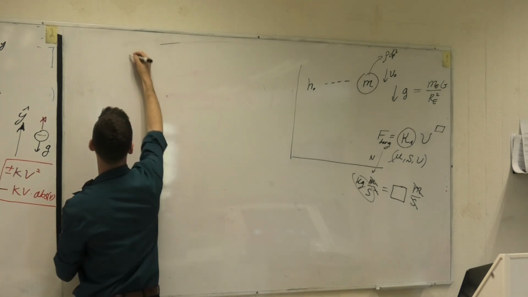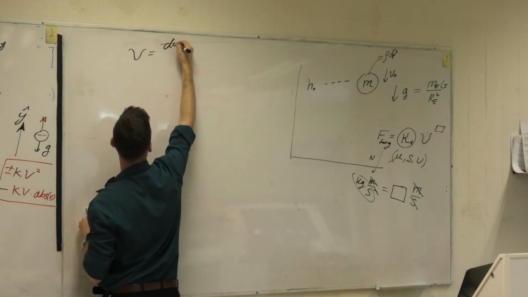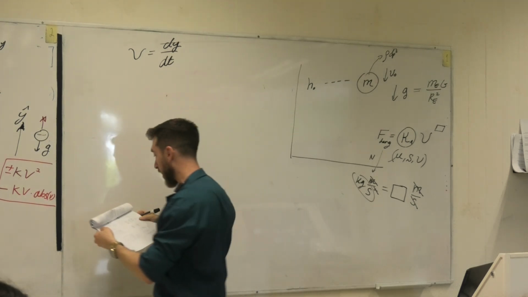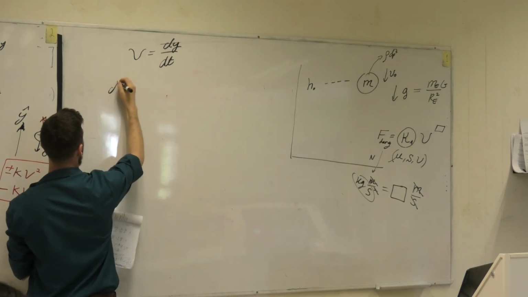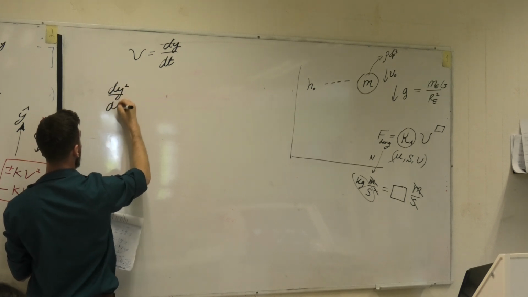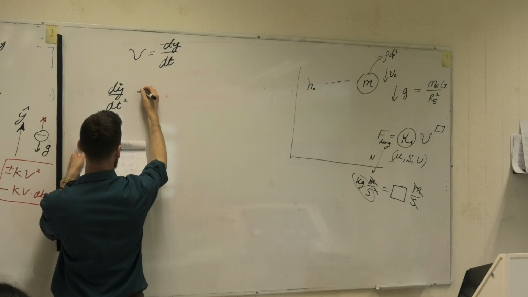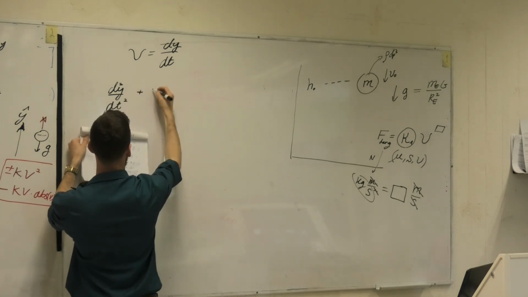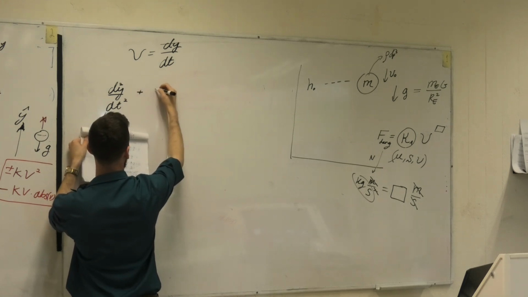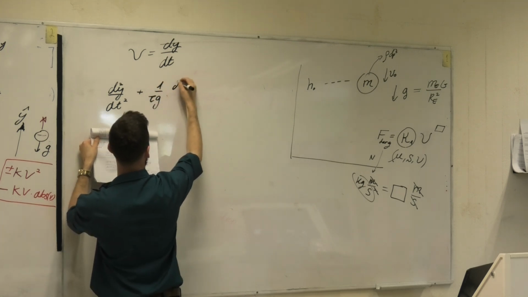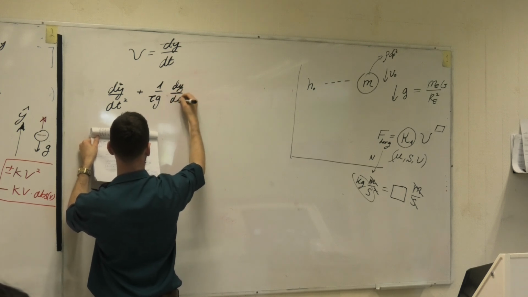I can present v as dy/dt, and then my equation is d squared y over dt squared, derivative twice, plus 1 over tau g, which is the terminal velocity, dy/dt.